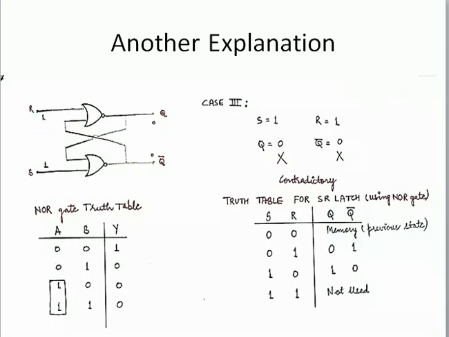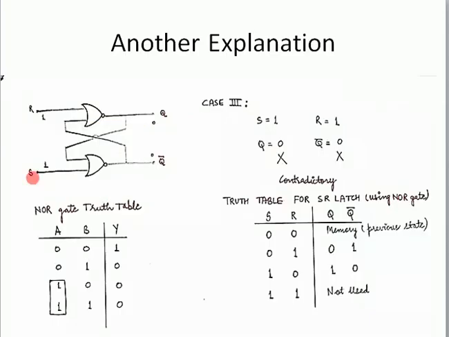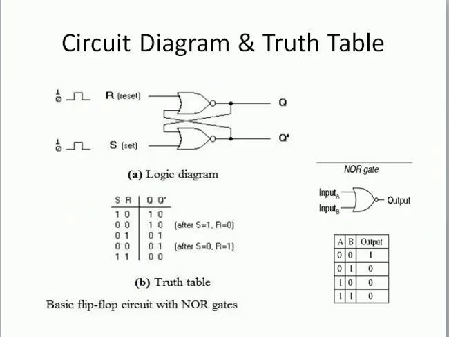First of all, we take the case when S is equal to 0 and R is equal to 1. For this you must know the truth table of the NOR gate. So here is the truth table of the NOR gate.